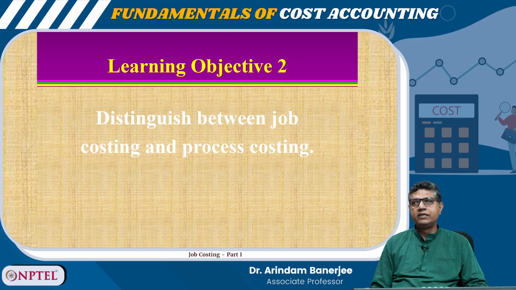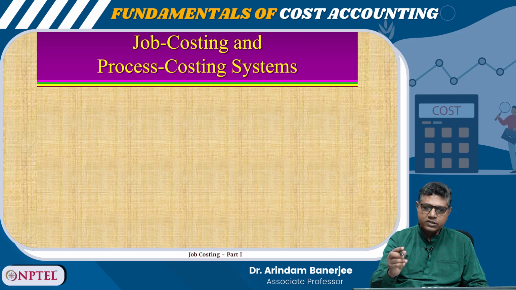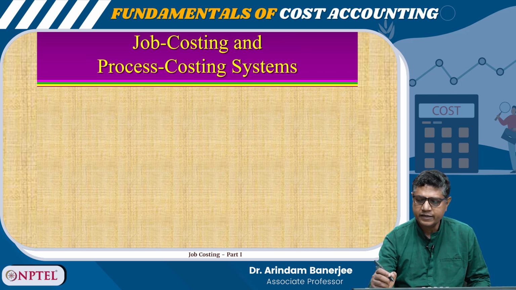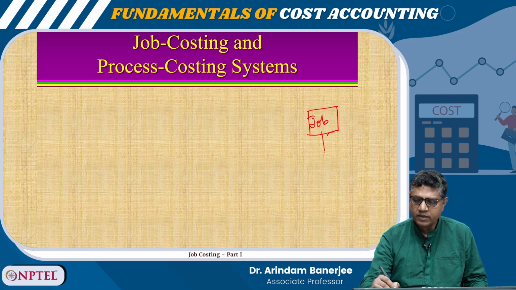Now, what are the differences between job costing and process costing? First, how does job costing work? Suppose there is a job, and I need to calculate the cost of this job. For example, this job can be manufacturing a boiler, which is order based.